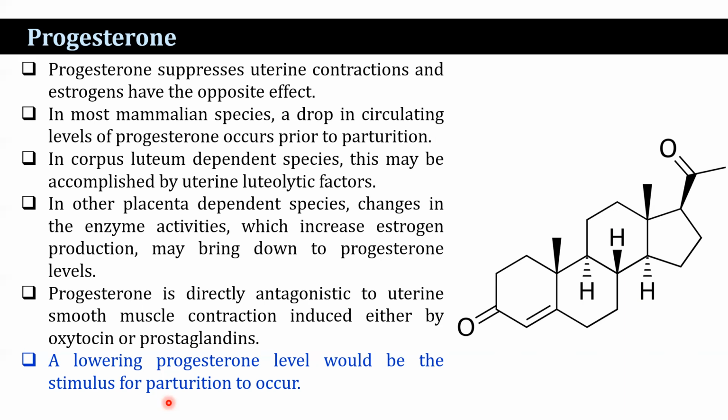Progesterone is directly antagonistic to uterine smooth muscle contraction induced either by oxytocin or prostaglandins. A lowering progesterone level would be the stimulus for parturition to occur.